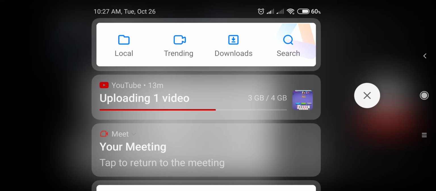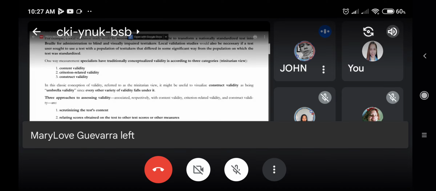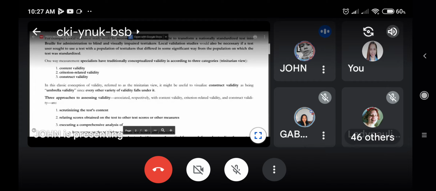Yun yung mga kino-consider natin when we are doing this content validity measure. So, you need to scrutinize items, as well as the choices and the distractors, if there will be, in doing the content validity.